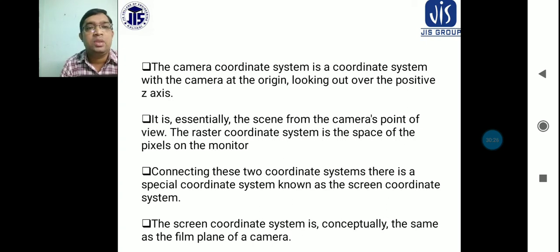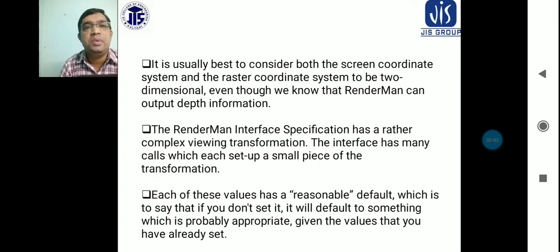Connecting these two coordinate systems, there is a special coordinate system known as the screen coordinate system, which is conceptually the same as the film plane of a camera. It is usually best to consider both the screen coordinate system and the raster coordinate system to be two-dimensional, even though we know that RenderMan can output depth information.